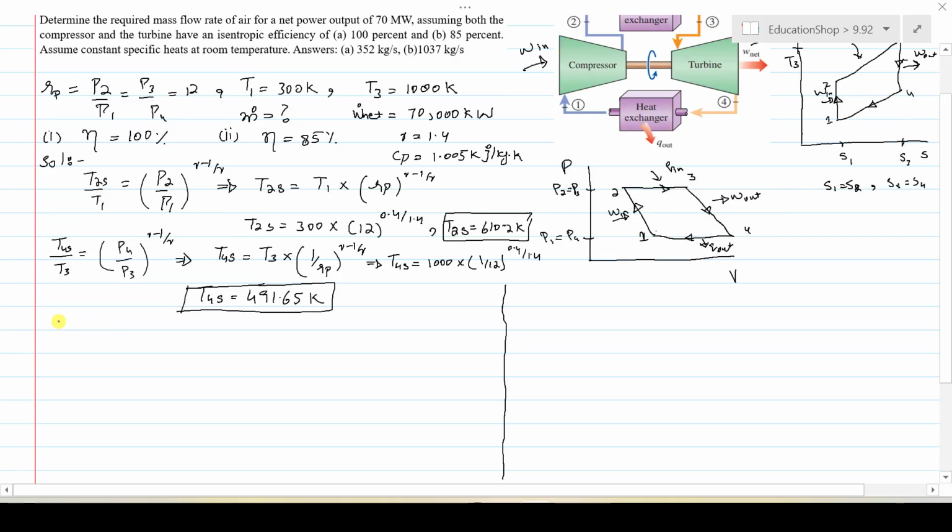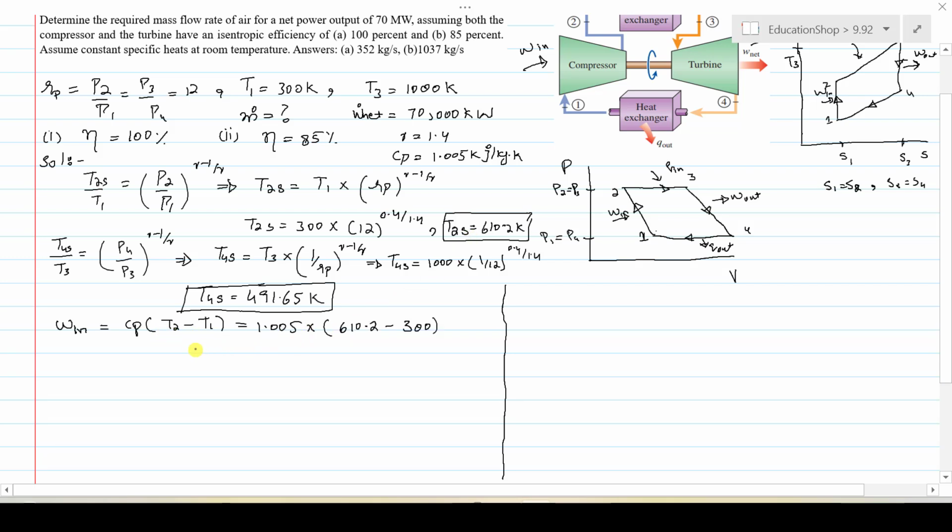Next we need to find the work input that is required to run the compressor isentropically. That is equal to Cp times the change in temperature from T1 to T2. The value of Cp is 1.005, T2 is 610.2.